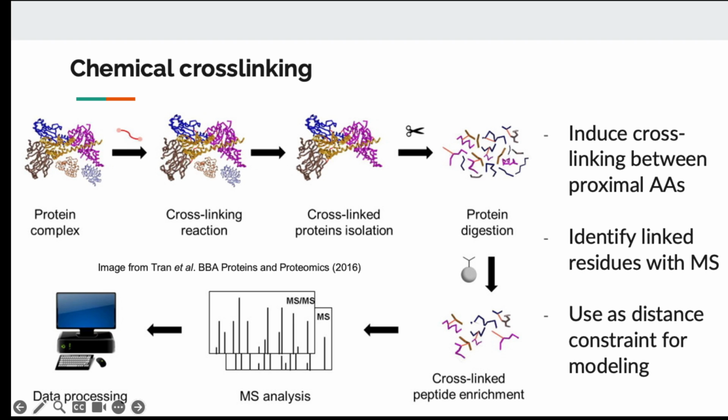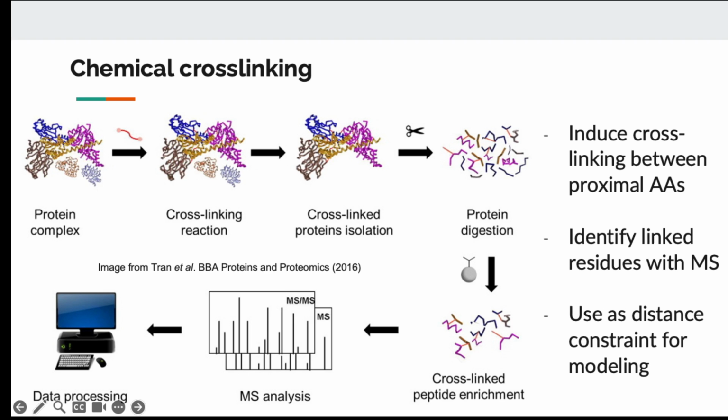So it will create a covalent connection inside your complex. Once you digest your complex, some peptides will have this cross-link in between, so it will be like 2 peptides connected to each other. And when we run mass spectrometry, we can identify which peptides are cross-linked together based on the mass spectrum pattern.